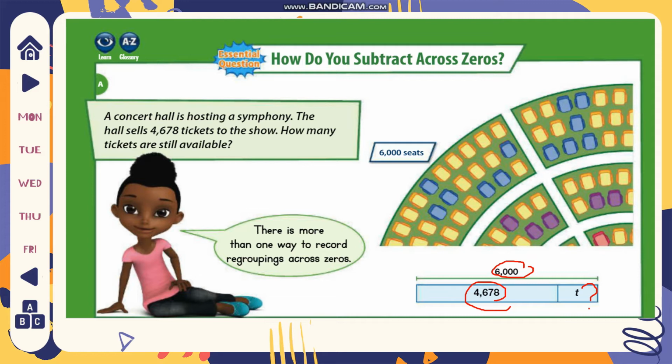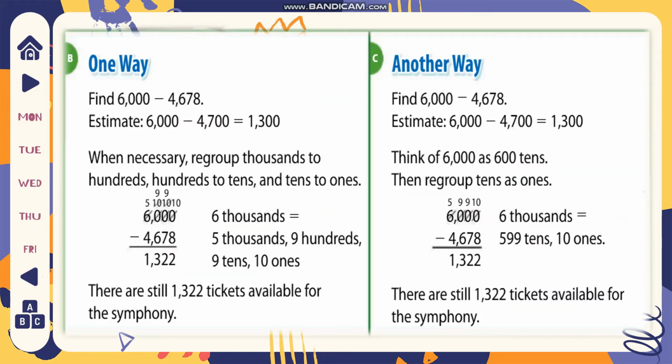If we're going to subtract, the first way is we need to estimate. Estimation is necessary. Why? In order to compare your answer: if your answer is nearest to your estimated answer, it means your answer is reasonable. So 6,000 is 6,000. 4,678 is nearest to 4,700.